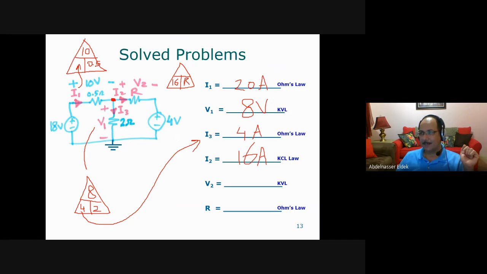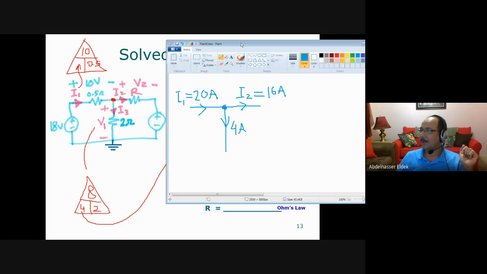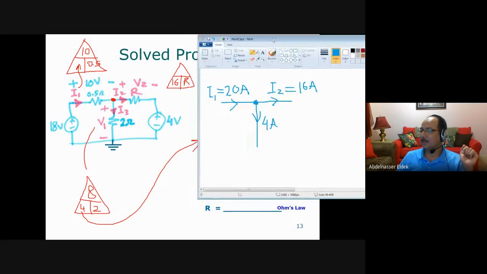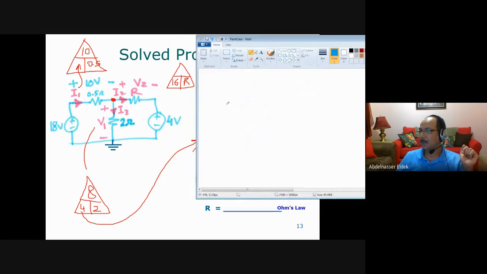So let us see where it is. Now we can use Kirchhoff's voltage law again. So let's see. Here it is. This is a voltage source here. This is V1, and this is V2.